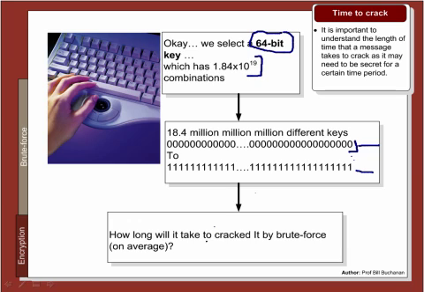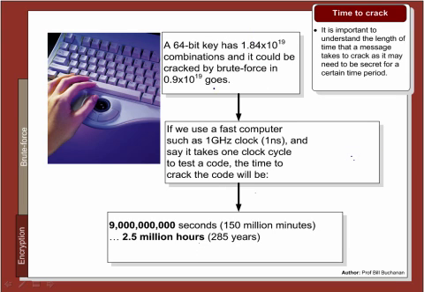So the thing is that we need to determine how long it will take by brute force to crack it. Okay, so let's say that on average it will take 0.9 times 10 to the 19 goes.